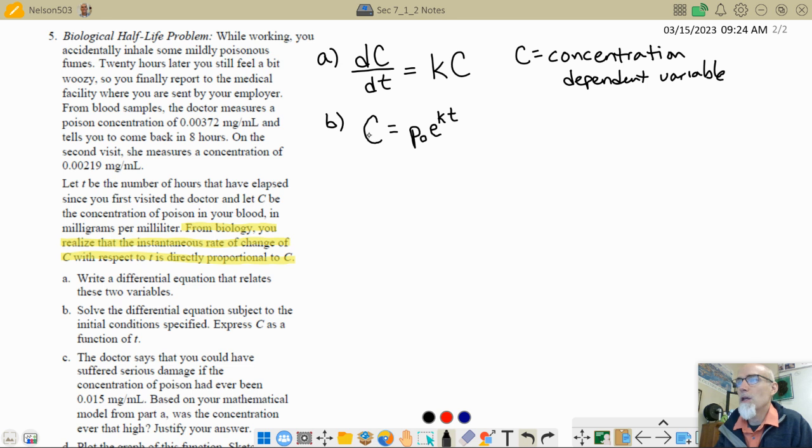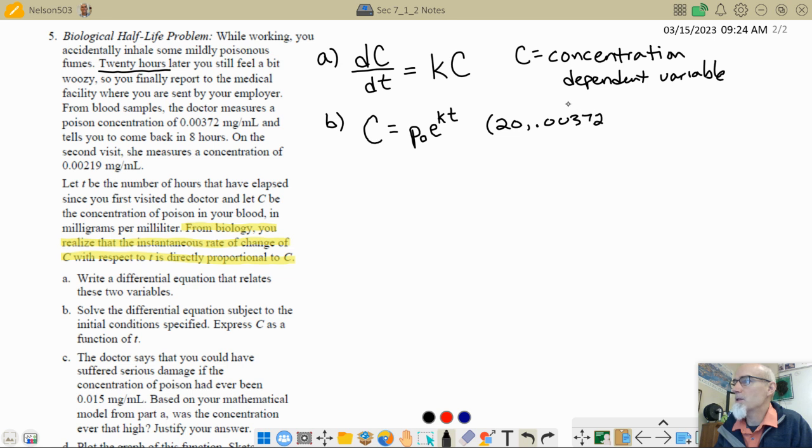Okay, so that's why they're going to give us these pieces of information. It says right in here, the blood samples, the doctor measures a concentration level of 0.00372 and tells you to come back 8 hours later. So this was 20 hours after being poisoned. So let's put down 20, comma, 0.00372.